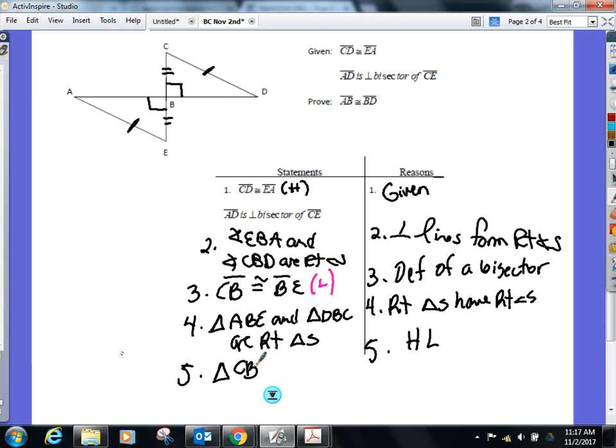Somebody else there, Max? Okay. Now why are those two segments congruent, Nick? And in the correct order. Nice job. CPCTC. So we did one using HL, then CPCTC.